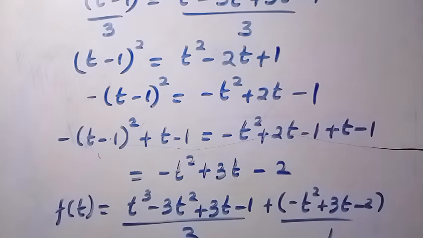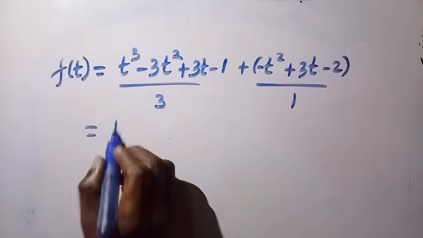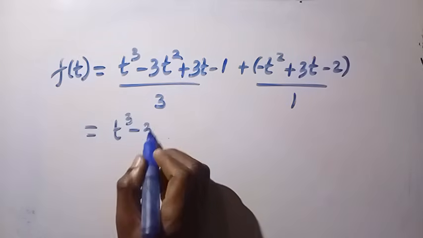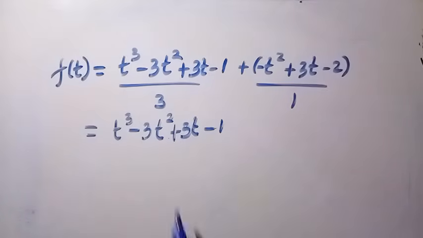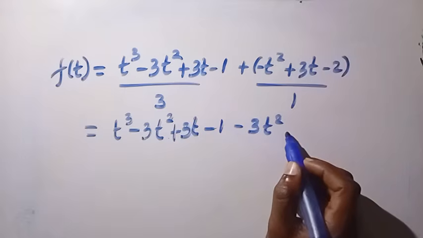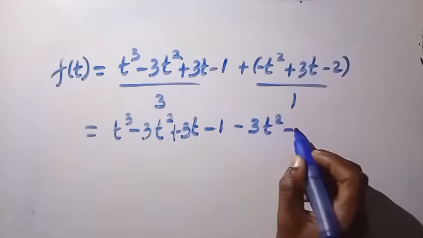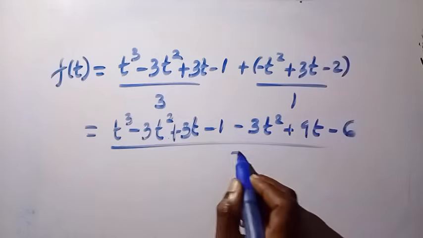Let's find the LCM. By finding the LCM, we have t cubed minus 3t squared plus 3t minus 1. So 3 will multiply all this, and we have minus 3t squared plus 9t minus 6, all divided by 3.